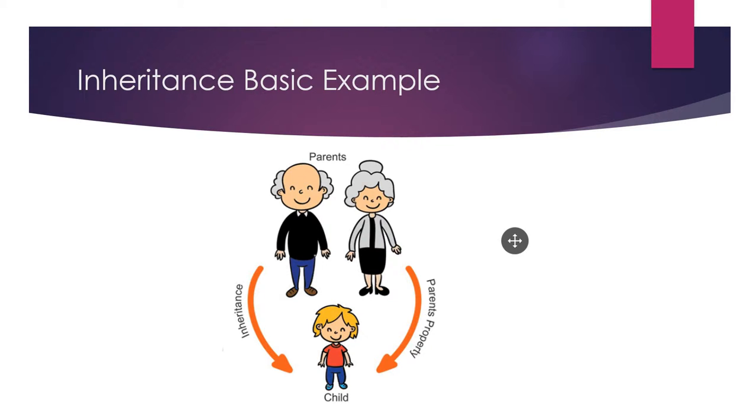And we also learnt in the programming paradigm that the parent classes from which we inherit something are known as the parent classes or super classes. And similarly, the classes which are inheriting the attributes or behaviors from the parent classes are known as subclasses or child classes. So over here we are the child and our parents are the parent classes from which we are derived.